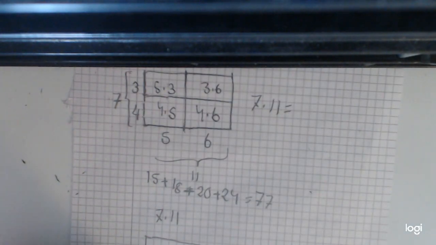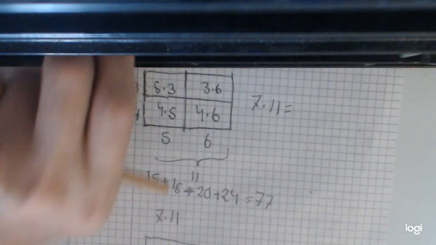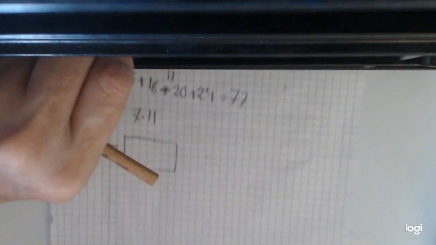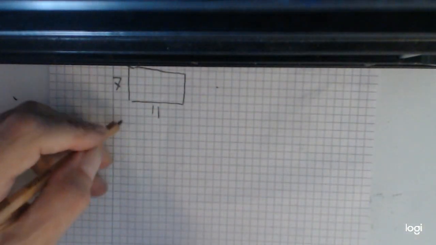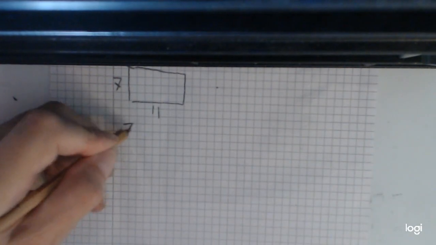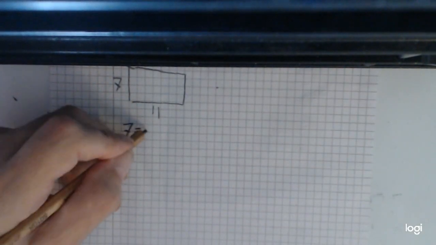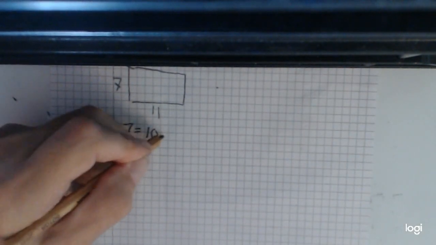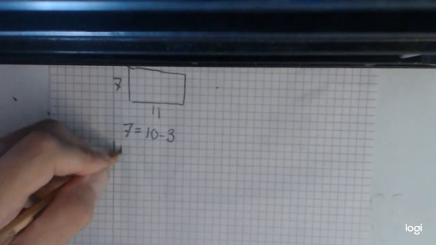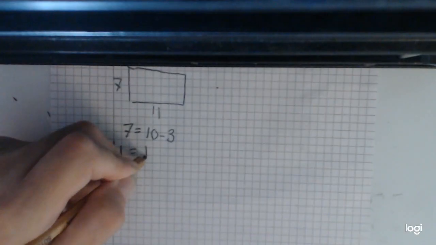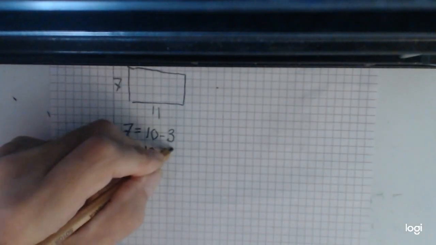So 7 is equal to what we've learned earlier, 10 minus 3. 11 is 10 plus 1.